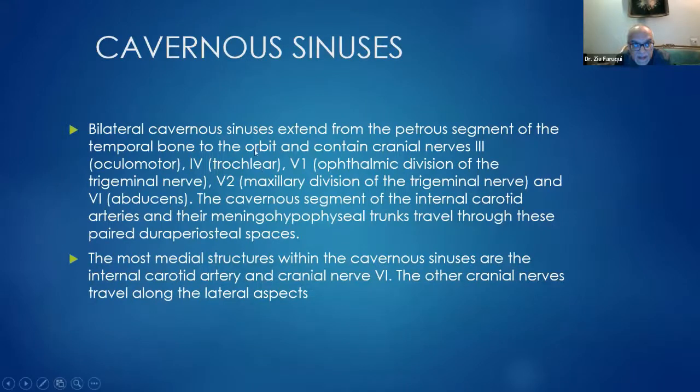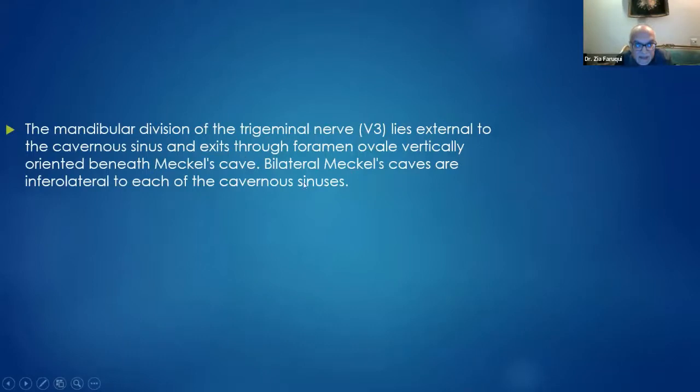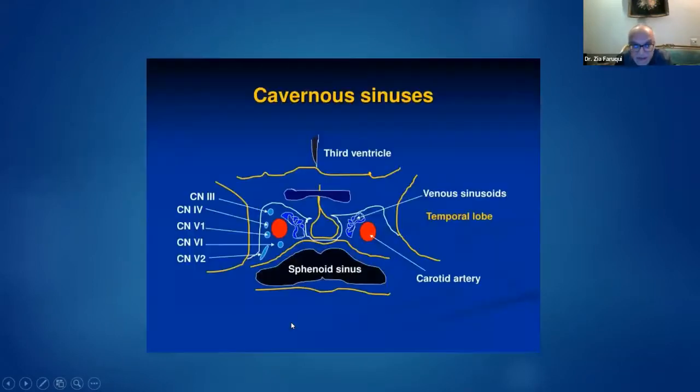The cavernous sinuses are paired venous sinuses on the lateral side of the pituitary fossa. As we said, they contain the third nerve, the fourth nerve, and the V1 and V2 segments of the trigeminal nerve, and the sixth cranial nerve. The mandibular division of the fifth nerve passes through Meckel's cave, which is inferolateral to the cavernous sinuses.